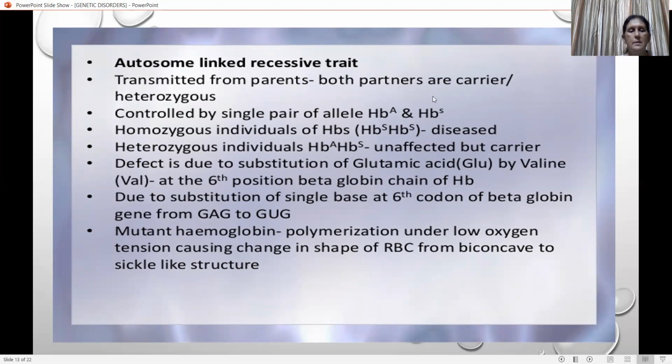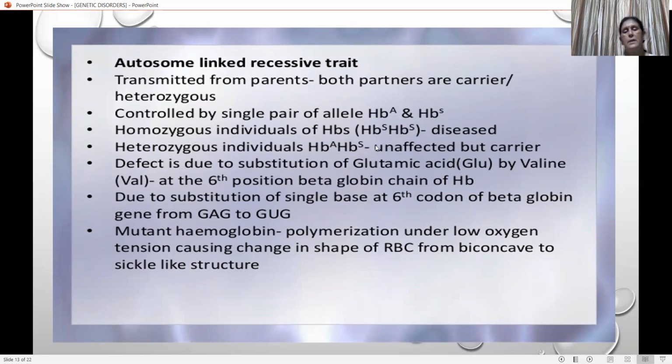They may be carriers and heterozygous. It is controlled by a single pair of alleles, HBA and HBS. If a homozygous individual has two HBS genes, then the disease will be expressed in homozygous form. In a heterozygous individual, HBA and HBS, it is unaffected, but it acts as a carrier.